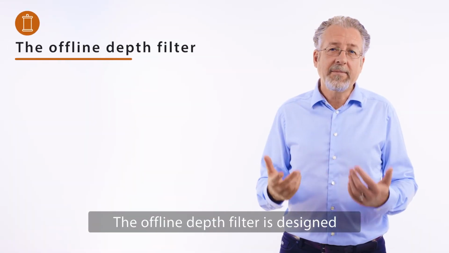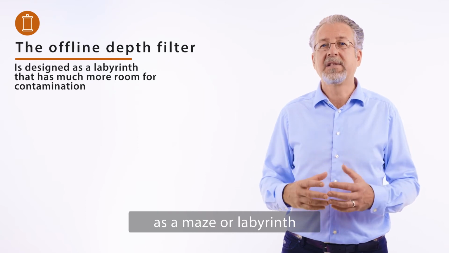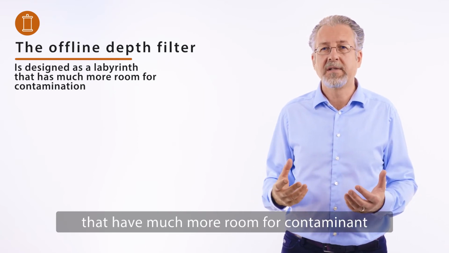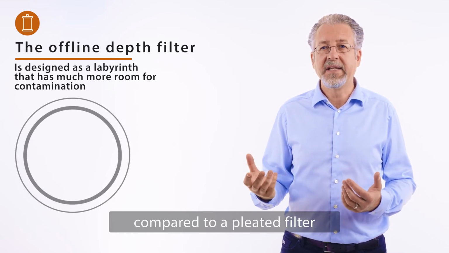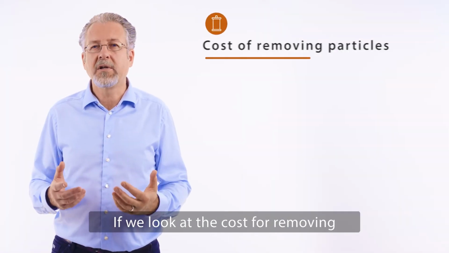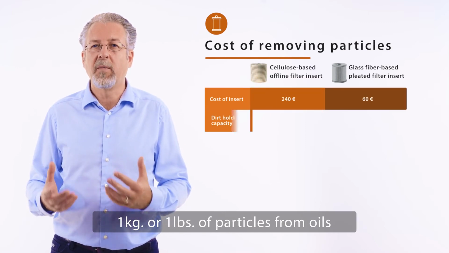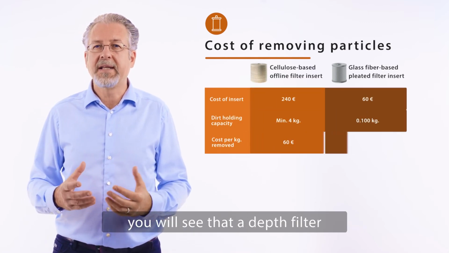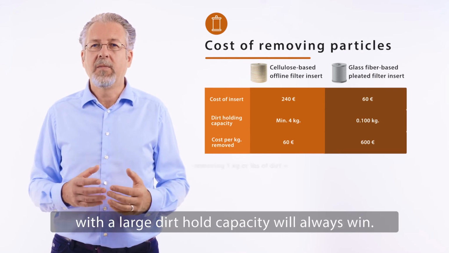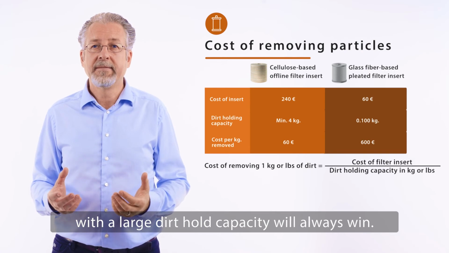The offline depth filter is designed as a maze or labyrinth that has much more room for contaminants compared to a pleated filter, often 40 times higher. If we look at the cost for removing 1 kilogram or 1 pound of particles from oil, you will see that a depth filter with a large dirt hole capacity will always win.